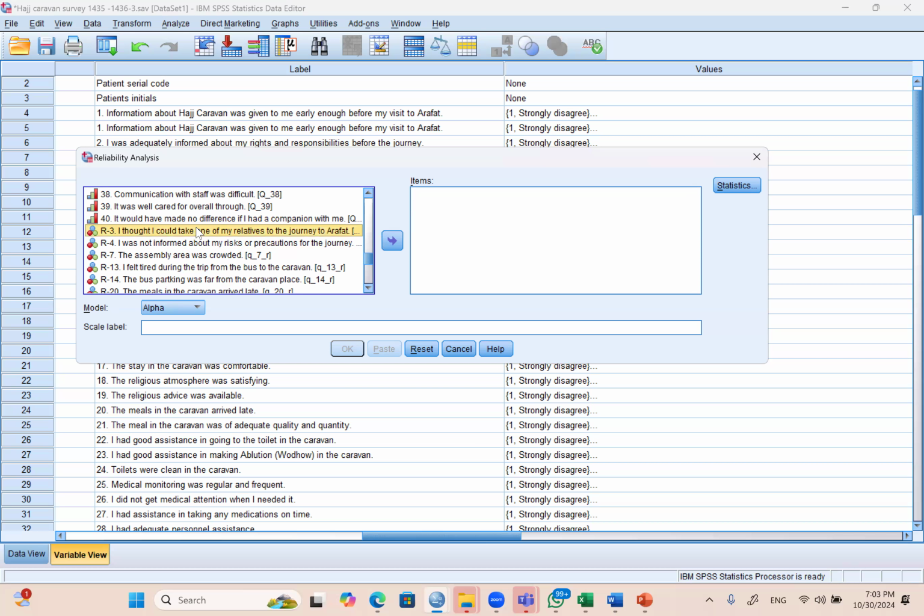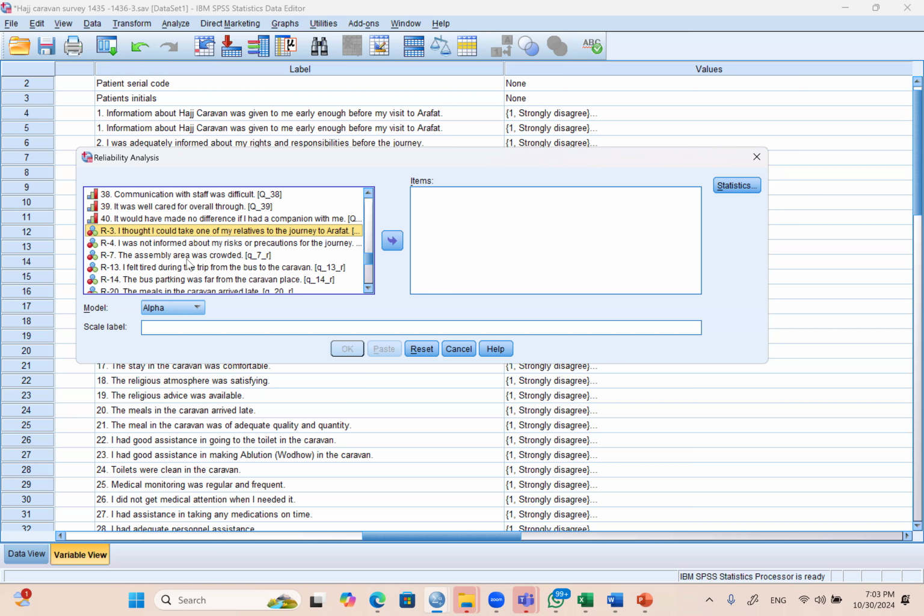Some were asking about good things and some about bad things. So the questions that tended to have negative answers had to be reversed. If you strongly agree with something bad and you give a 5, this 5 needs to be converted to 1. This is called reversal.